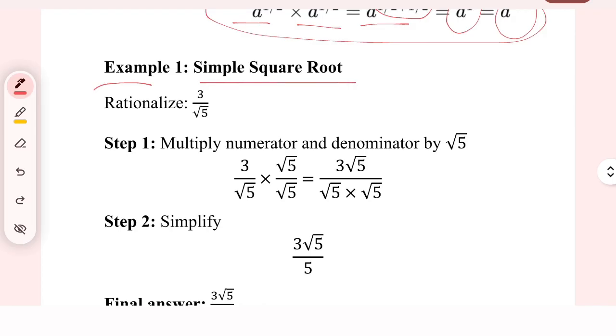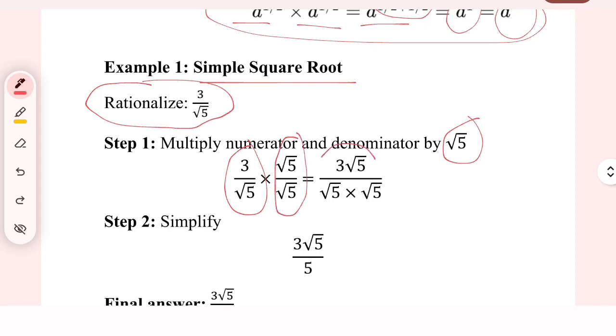Now, let's say, for example, in here, we have a simple square root. If you are given 3 over square root of 5. So your answer is 3 over square root of 5. Oops, there is a radical sign in the denominator. We need to rationalize it. Now, you need to rationalize the denominator, meaning we can multiply the numerator and the denominator by the square root of 5. So we multiply it by square root of 5 over square root of 5.